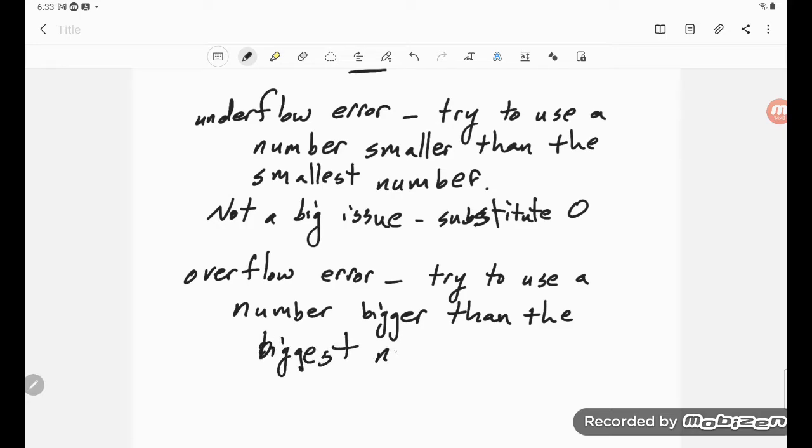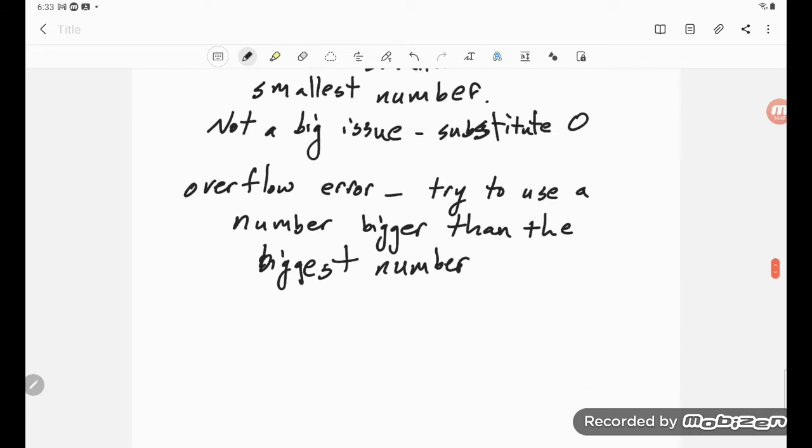Okay. And again, I'll say typically, this is fatal. Okay, if you're trying to run a program and you do this overflow error, it will stop.